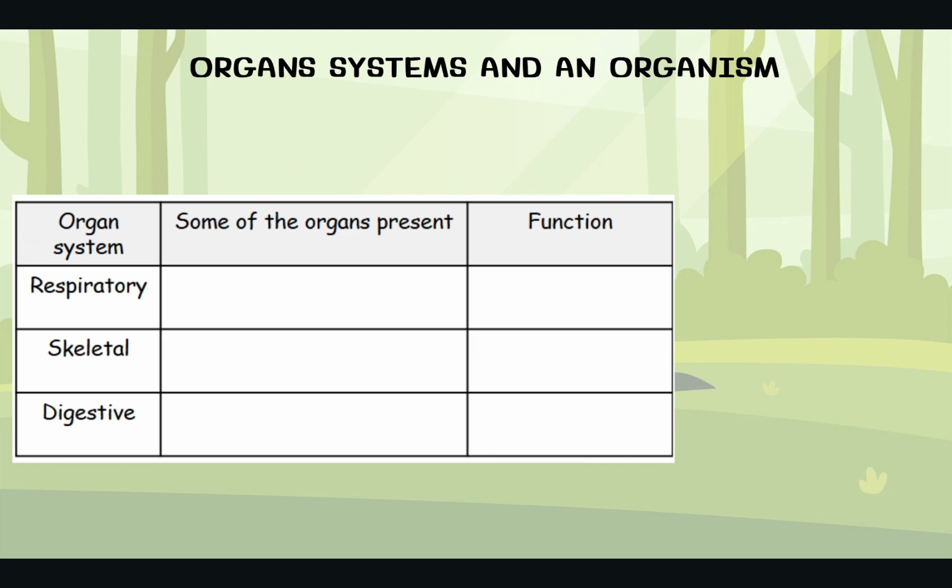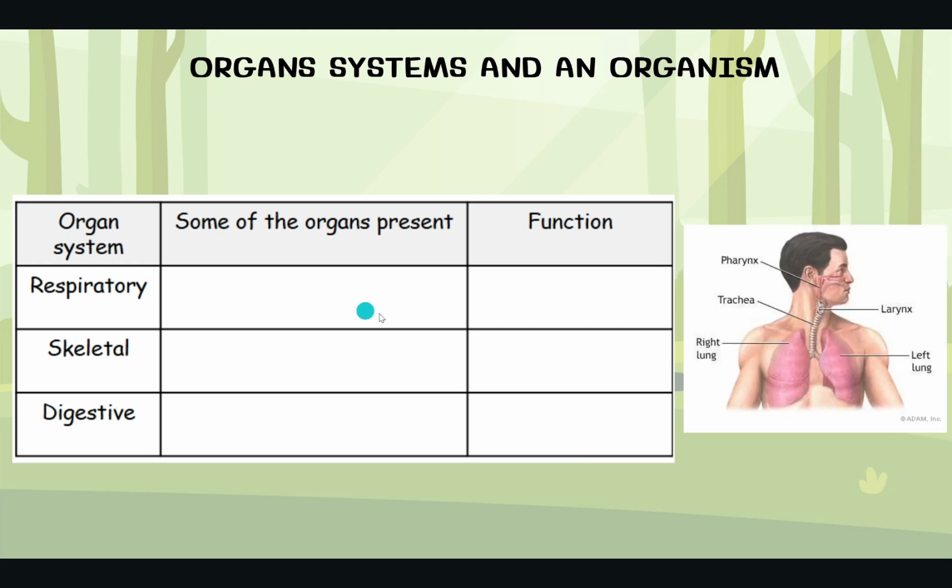Organ systems and organisms. Excuse me. The respiratory system, what are some of the organs? Respiratory. Think about what that system does. And the word respiratory means to respirate, right? Respirate, to breathe. So what are some of the organs present? Absolutely. Your lungs, your larynx, your trachea, all present.